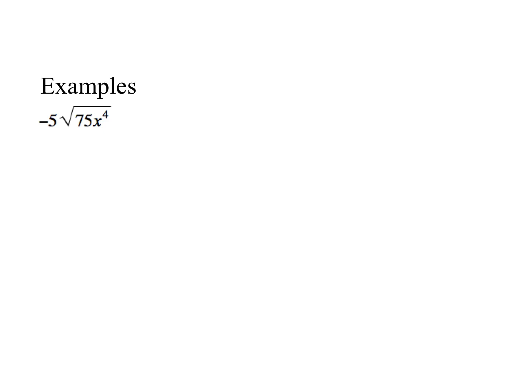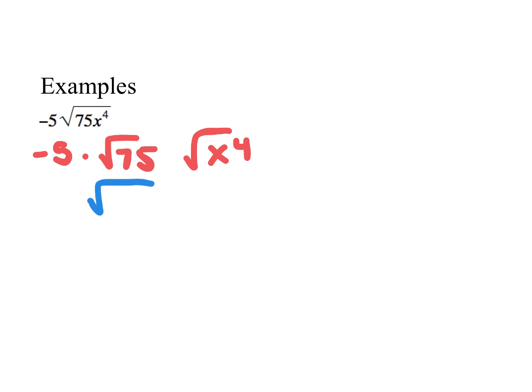For this example, now what I'm going to do is keep the negative 5 separate, and then I'm going to separate the inside as well. So I'll have negative 5 times radical 75 times x to the 4th. Now for the radical 75, the biggest perfect square that divides it is 25, so it becomes 25 times 3.